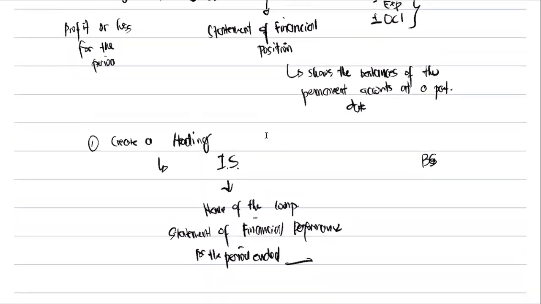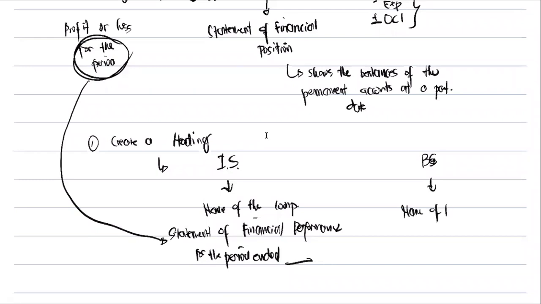Sir, why do we use for the period ended? Because it is the profit or loss for the period, kaya for the period ended. Next, balance sheet. How do we prepare your heading? Of course, the name of the corporation or the company. And then we have here your statement of financial position.